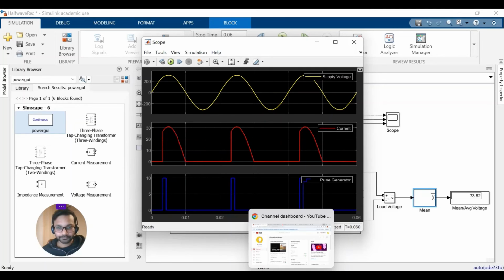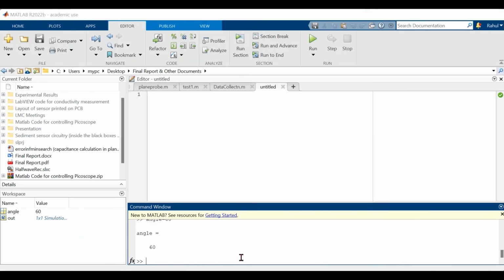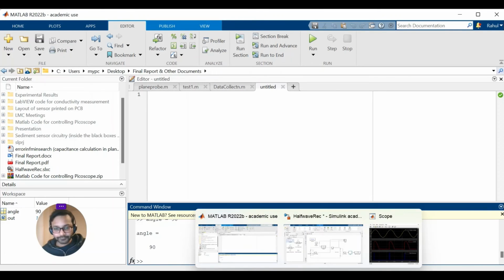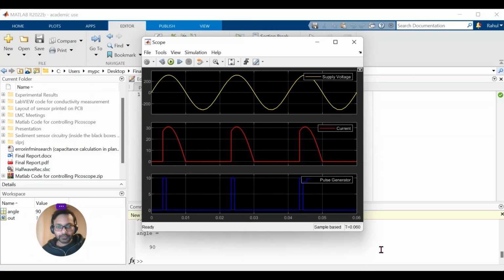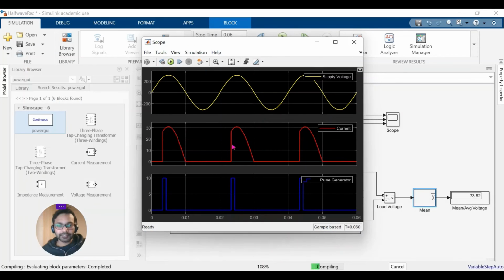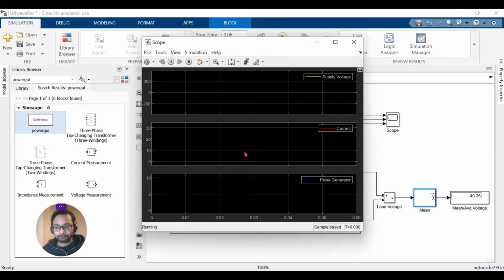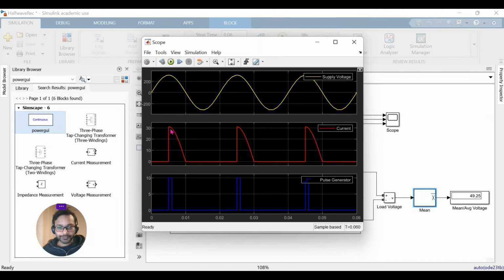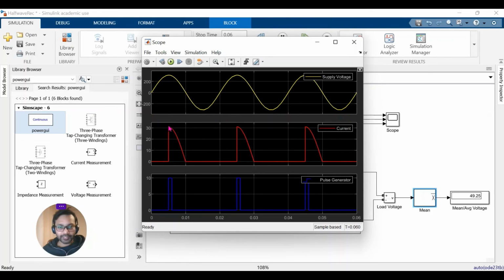And finally, let's check the value and the waveform for 90 degrees. Run the circuit again one last time. So there you go, at 90-degree firing angle it's clipping almost half of the rectified output, and the average voltage is coming out to be 49.25.